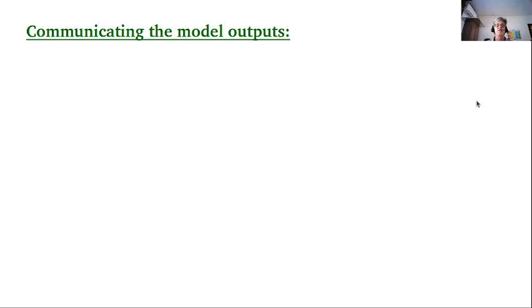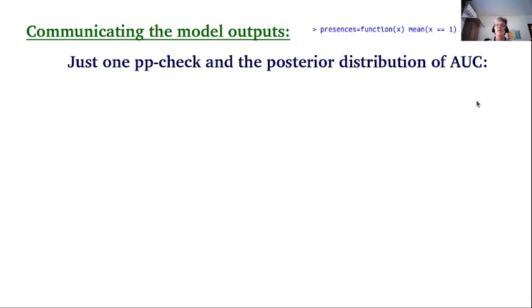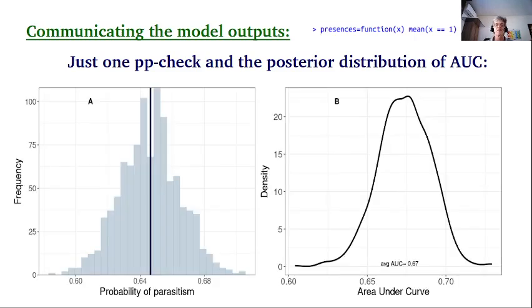To communicate the model outputs, we can obtain just one PP check. This is obtained using a function that we define, called proportions. It will allow us to estimate the probabilities of obtaining the incidence of parasitism.